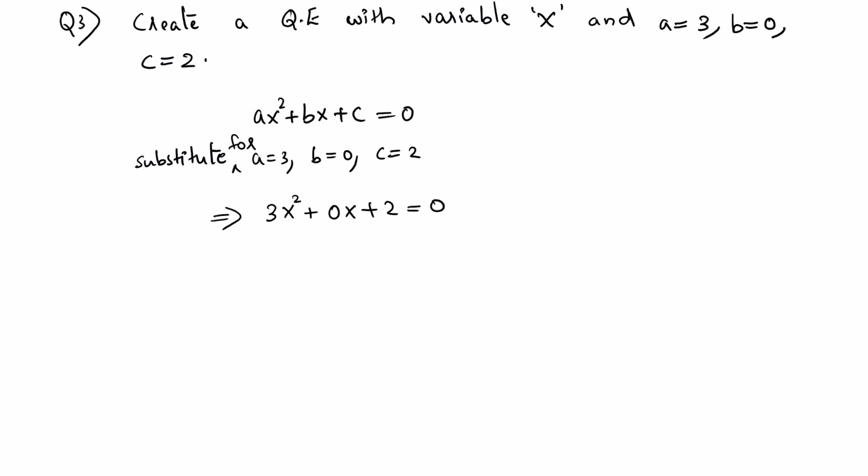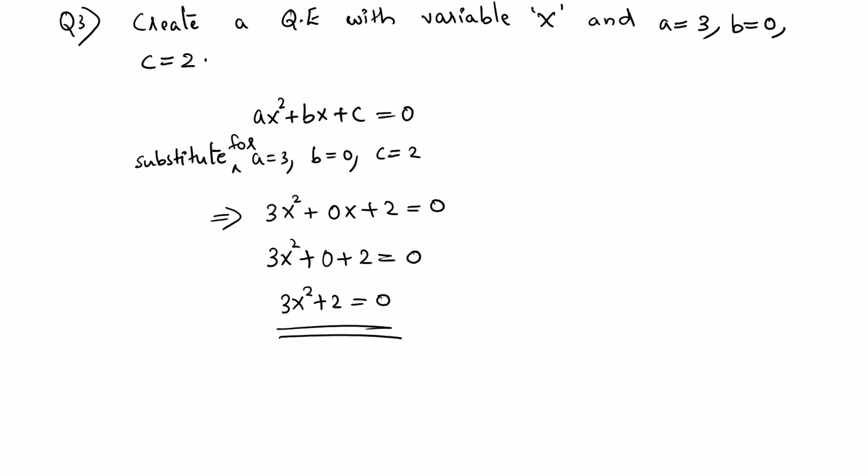See here, 0 multiplied by x is what? 0. Any number multiplied by 0 is 0. So 3x square plus 0 means it's 0, right? 0 multiplied by x is 0. Then again 0 plus 2 is 2. So 3x square plus 2 equal to 0.